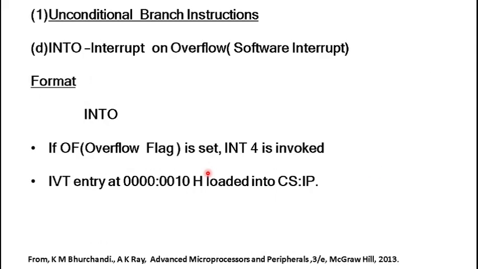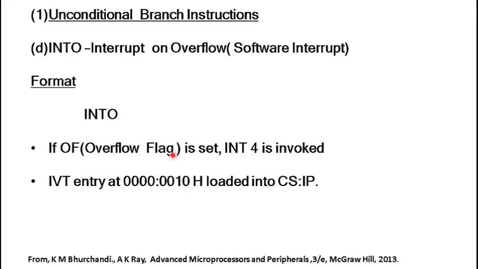Now we have certain interrupt instructions which are pretty straightforward. One such instruction is int o, that is interrupt on overflow. How this works is, int o will invoke the ISR corresponding to interrupt number 4 if the overflow flag is set.